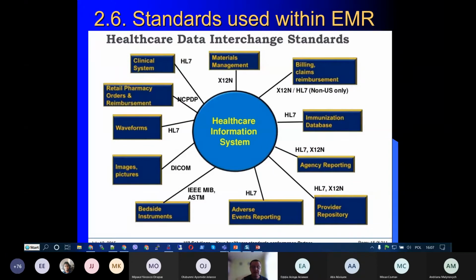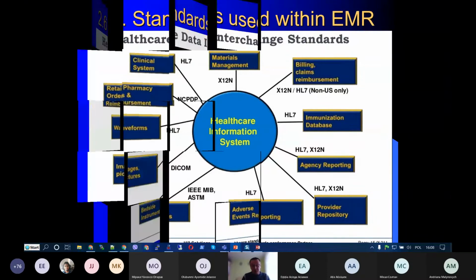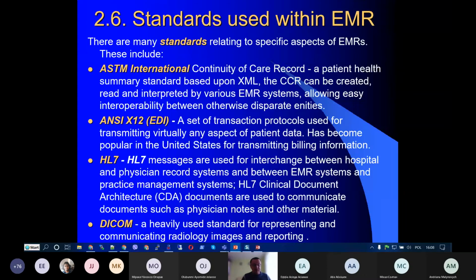And as you can see, I already mentioned HL7, DICOM, but also X12 and other standards or their combination, which is necessary to exchange data for a specific purpose or with a specific agency or organization. Here are brief notes about the difference of the standards. What is most important from all this set? It's X12, HL7 and DICOM.